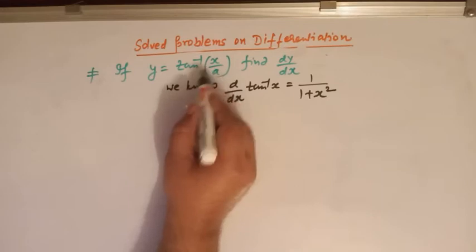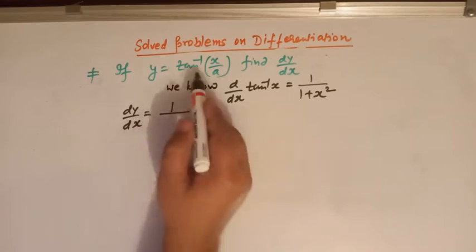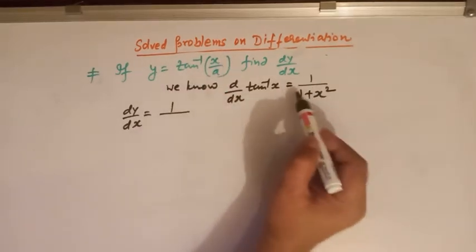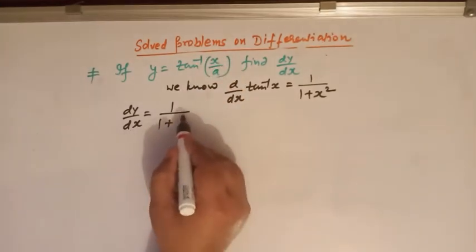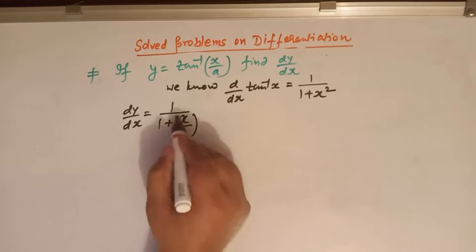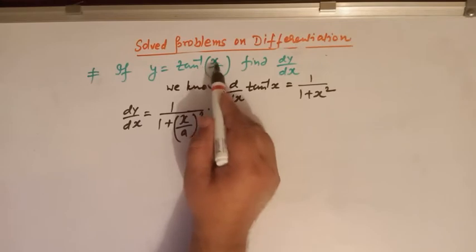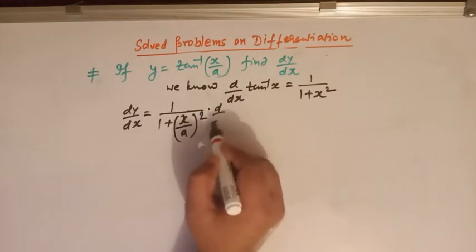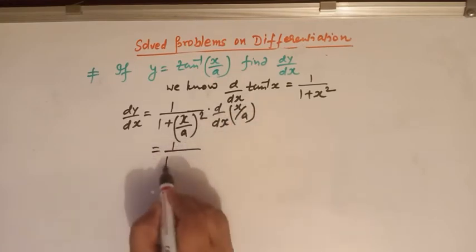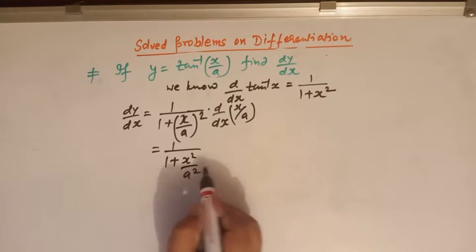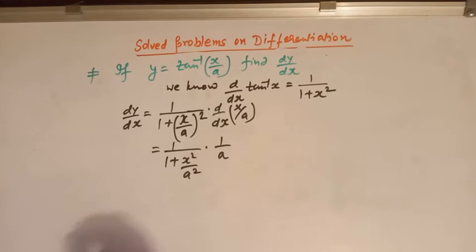So here we will find the derivative as 1 over 1 plus x by a whole square, then we'll multiply by the derivative of x over a by chain rule. So we have 1 plus x square over a square, multiplied by the derivative of x over a, which is 1 over a.